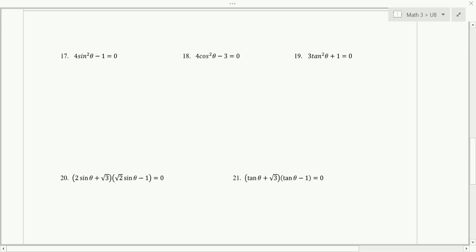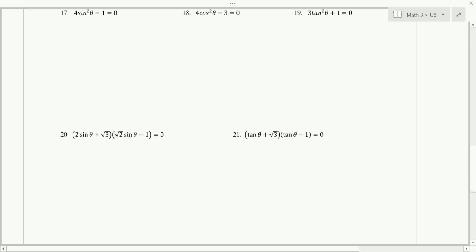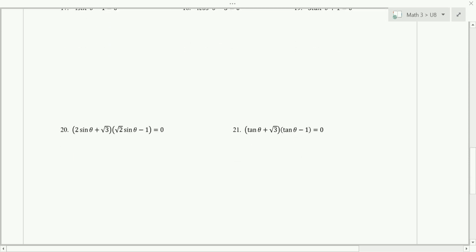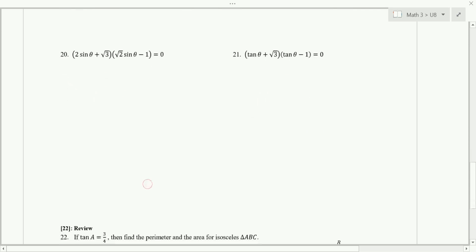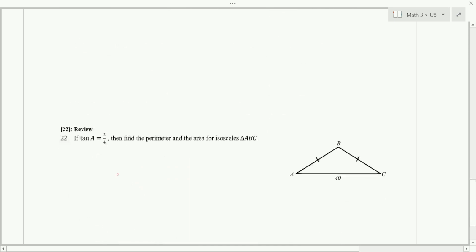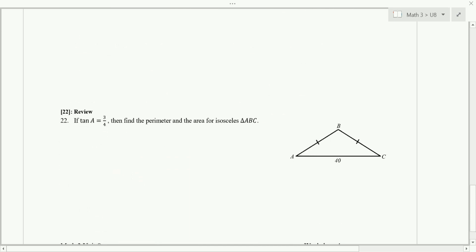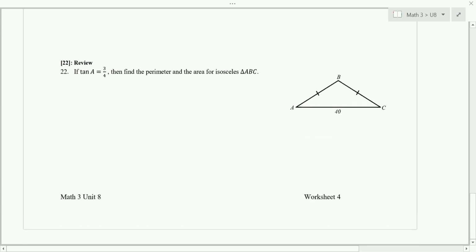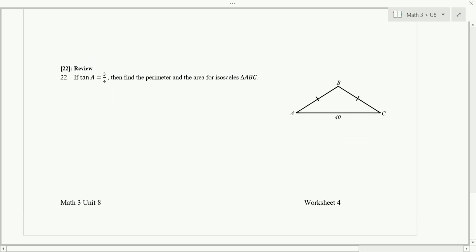And then remember, if it's factored like number 20 or 21, you've got to separate into 2 separate problems and do them separately, okay? And then this is a review one. We've done this, I think, in section 2. Remember how to split that into 2 right triangles, yeah. So I'm going to stop there and let you guys get started on the homework.